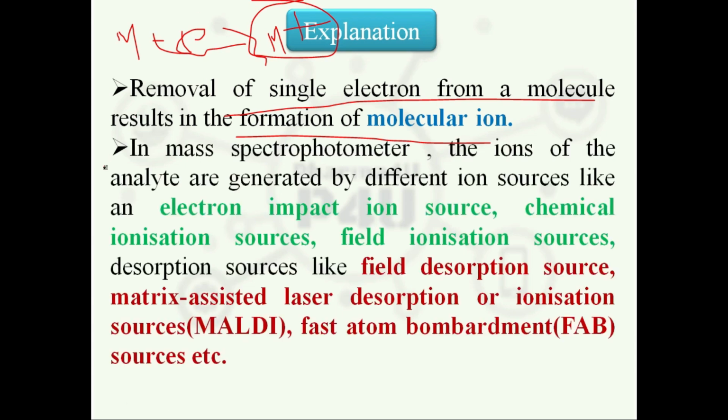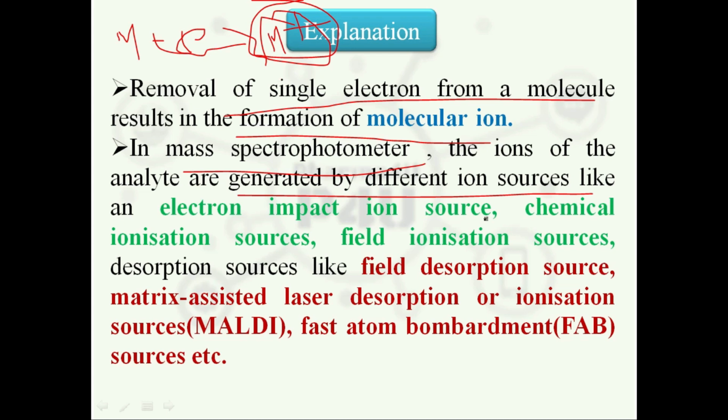Next, in mass spectrometry, the ions of the analyte are generated by different ion sources, meaning that these molecular ions are generated by different methods.